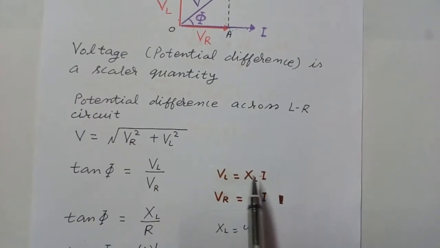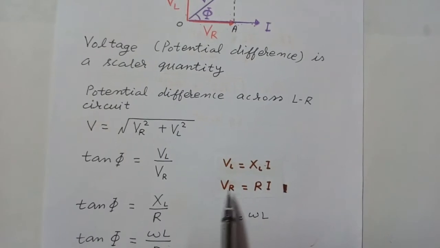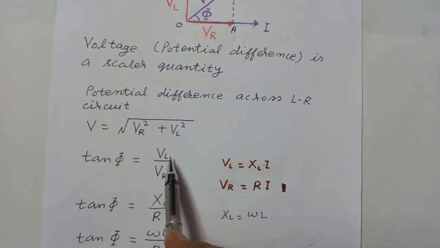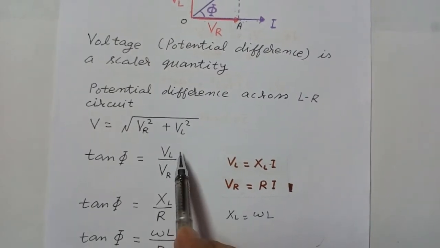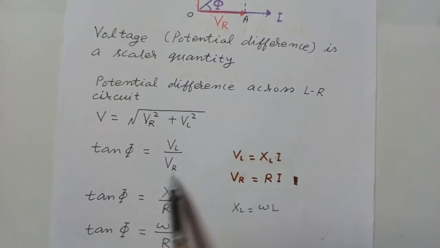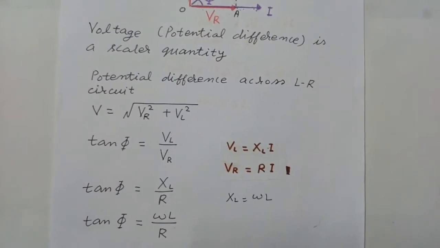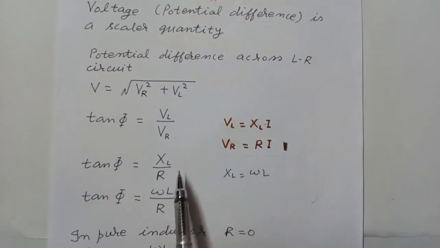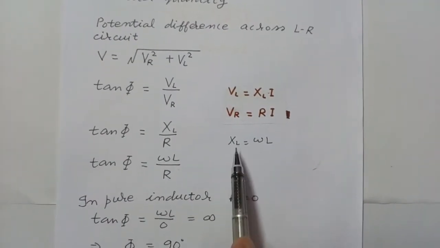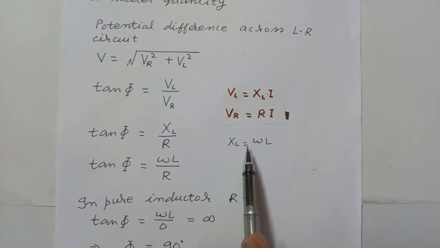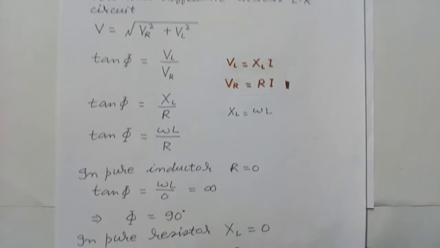So VL upon I is equal to XL and VR upon I is equal to R. If we divide VL and VR by current I, there will be no effect because we are dividing both numerator and denominator by I. So tan phi is equal to XL upon R, or tan phi is equal to omega L upon R, because inductive reactance XL is equal to omega into L, where omega is angular frequency of this alternating current.